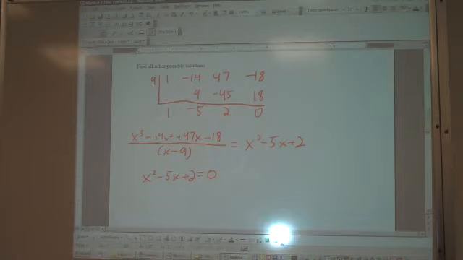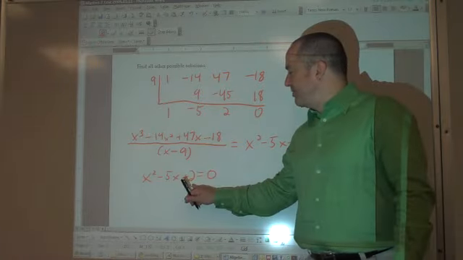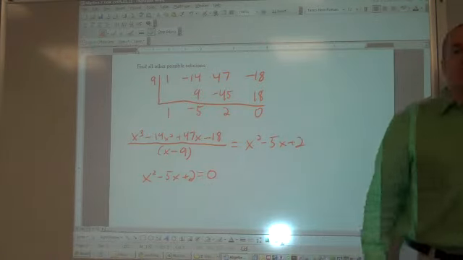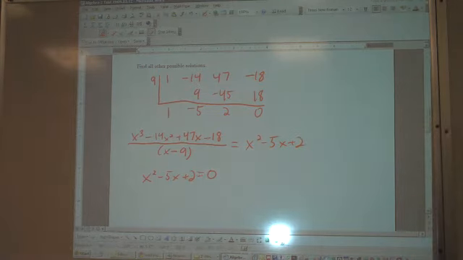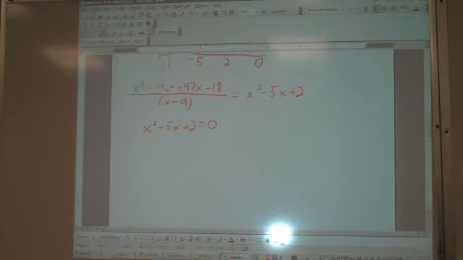Quadratic formula is probably the simplest. The first thing you should check is, is this factorable? Are there any things that multiply to positive 2 that add to negative 5? No, sadly. So this is going to be a quadratic formula situation, and it's probably going to be an ugly one, but we need to review that anyway.